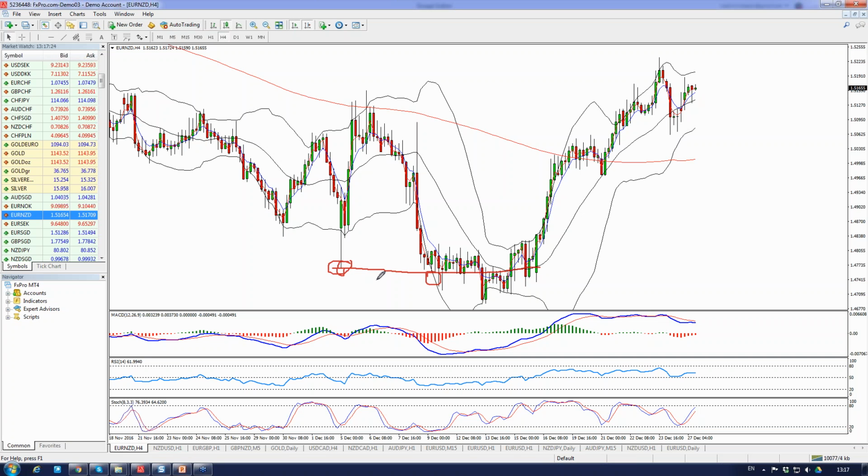Yes, this is valid because it is between clear moves. And what about this one? Is this a valid one, yes or no? Yes. Beautiful.